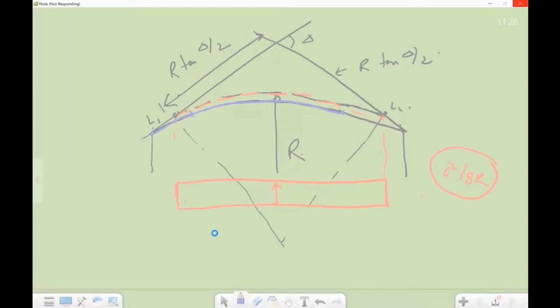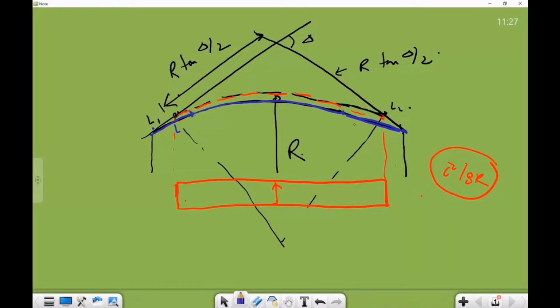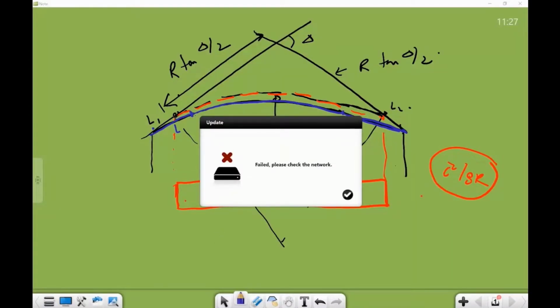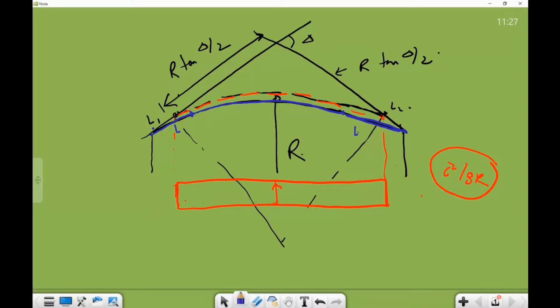Okay, this is L1, this is L2. So when I provide a transition, my transition is between this portion. I have now provided equal transition on both sides. My Versine diagram changes like this. So this becomes my new Versine diagram.